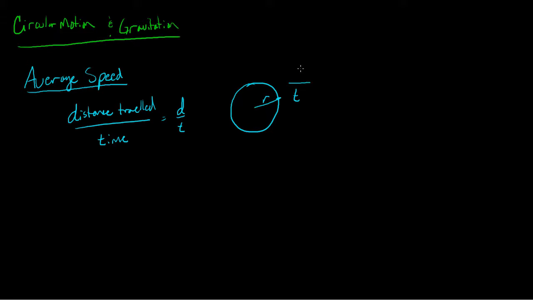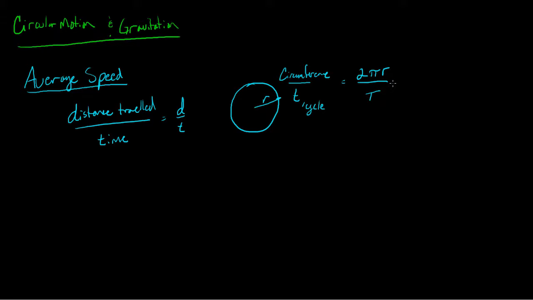And so if we're traveling around a circle, it's the circumference divided by the time for one cycle. And this is going to equal 2 pi r divided by the total amount of time.